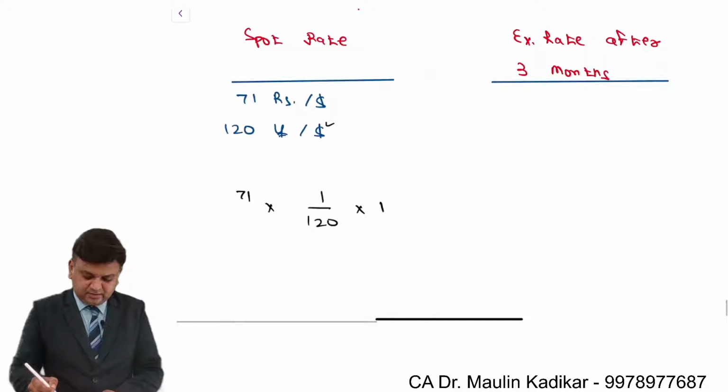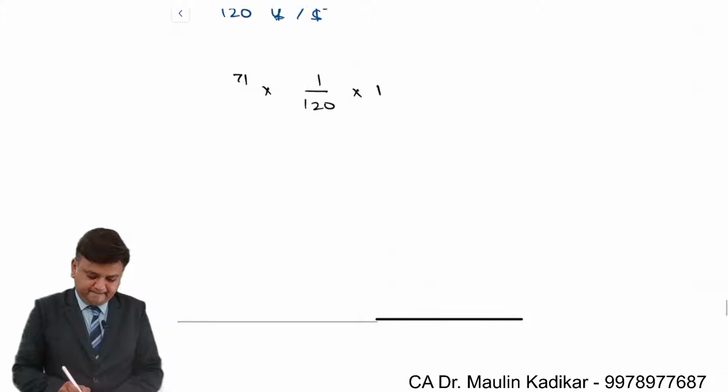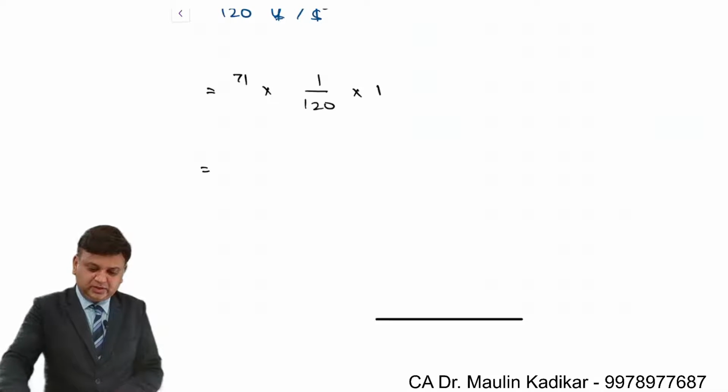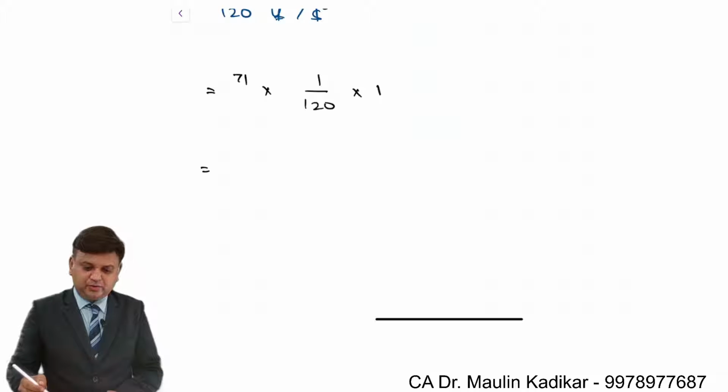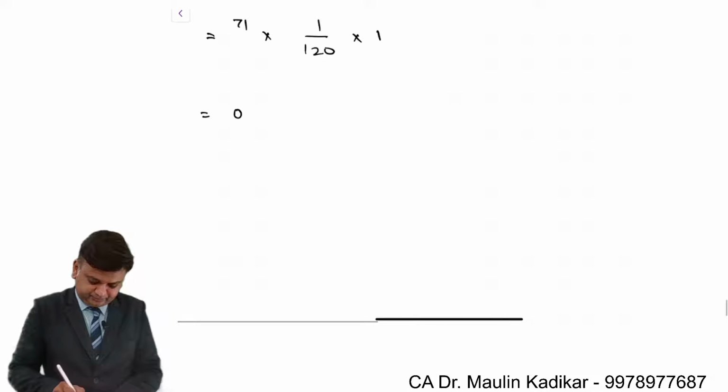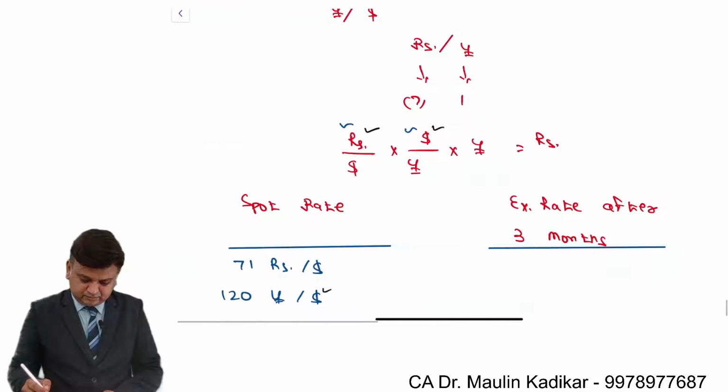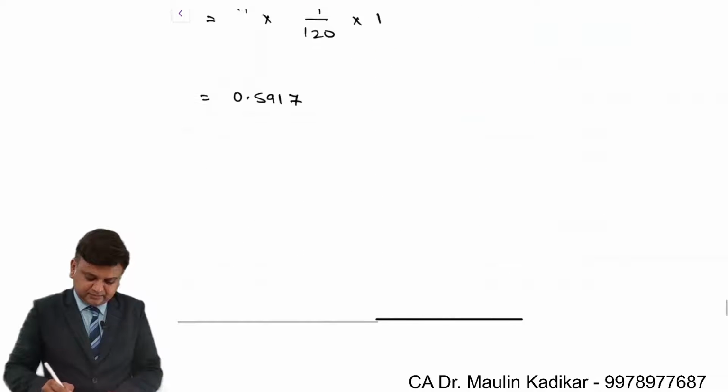The answer is required per yen. So 71 upon 120, so 0.5917. It is rupees per yen.